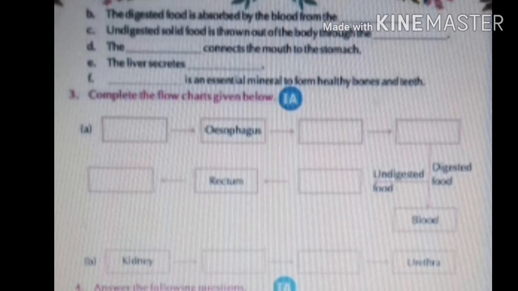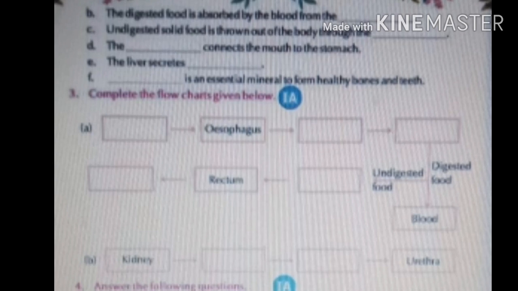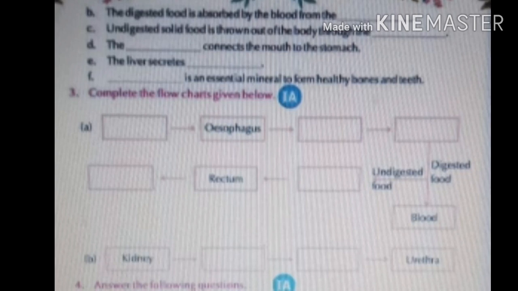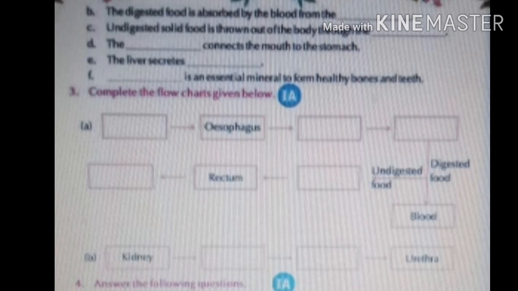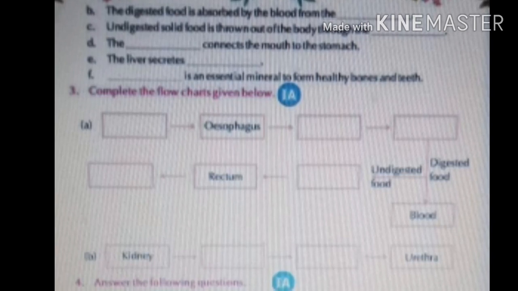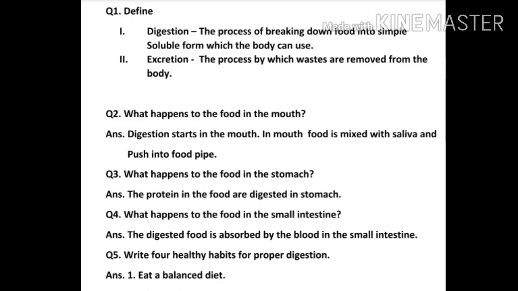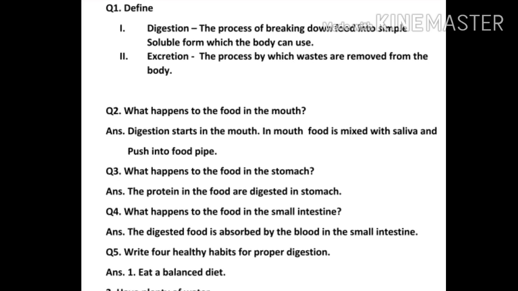Next flow chart is about the excretory system. First we are having kidneys. After that we are having ureters, then urinary bladder, and in the last we are having urethra. Now we are having some question answers.